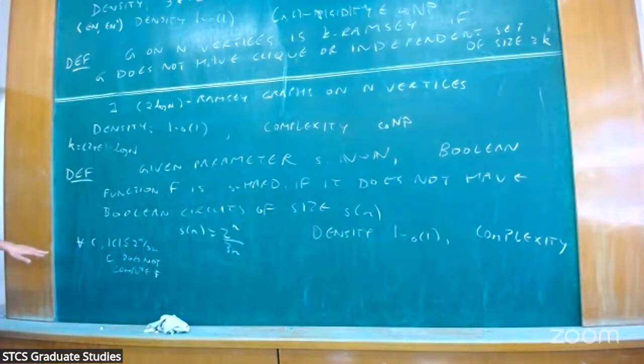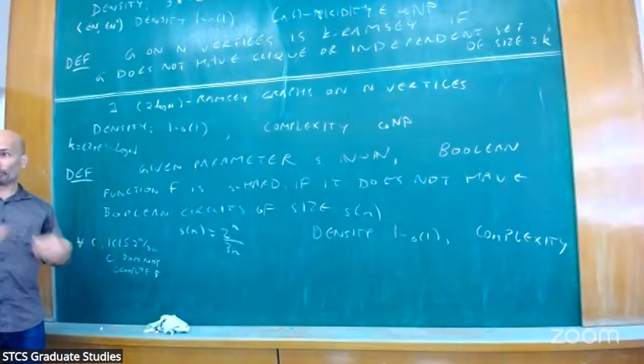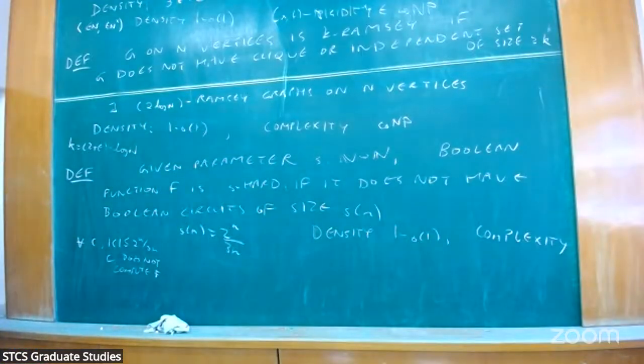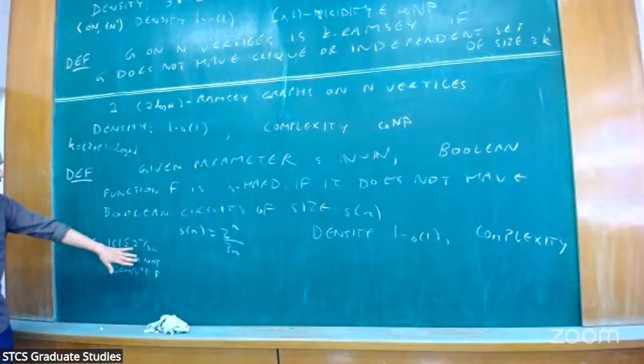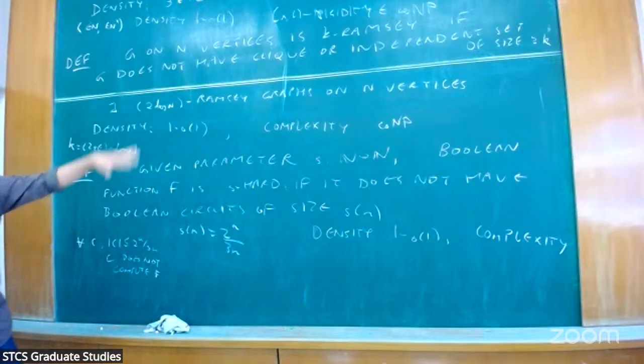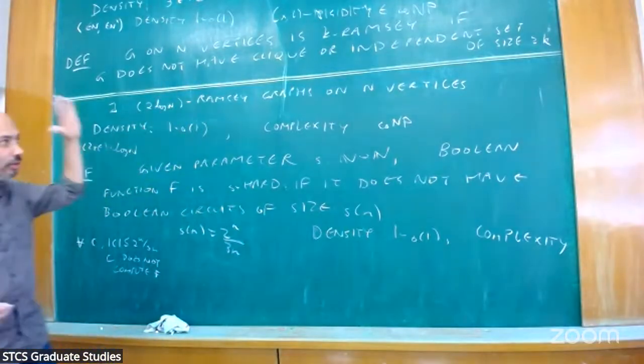And this check that c does not compute f is actually efficient. It's polynomial time because you have the truth table of size 2 to the n given to you, and you can just evaluate c on every possible input and check that there's some input on which the circuit fails. So this is a for all quantifier and then a polynomial time check. That's a CoNP computation again. So all of these problems have in common that they're in CoNP.